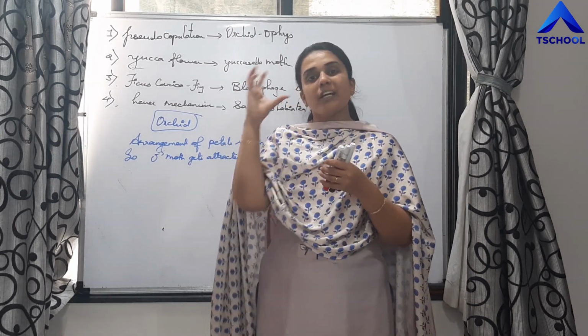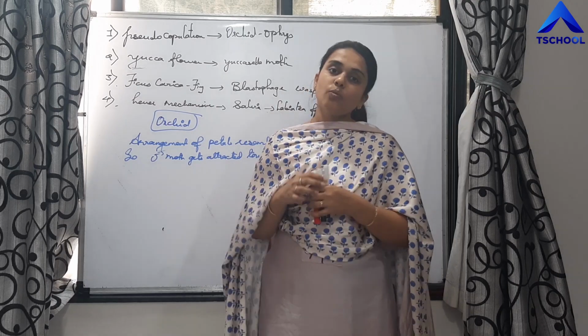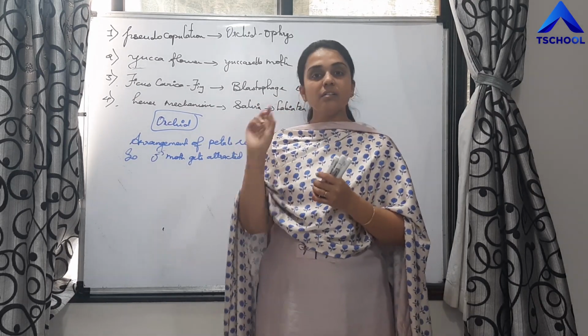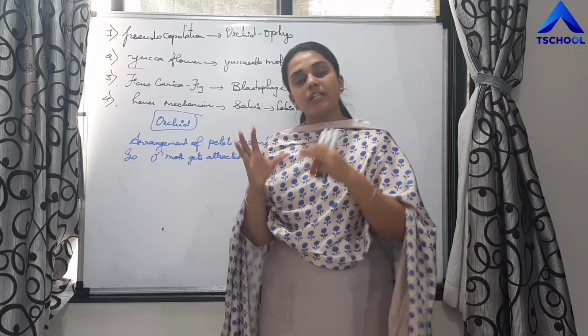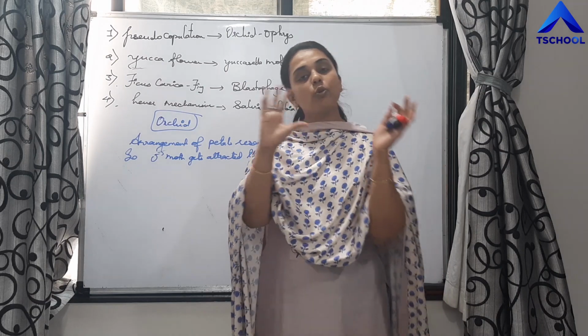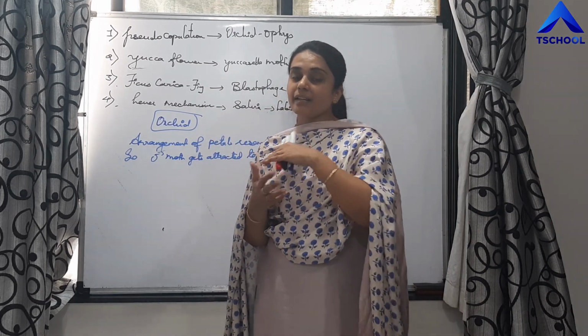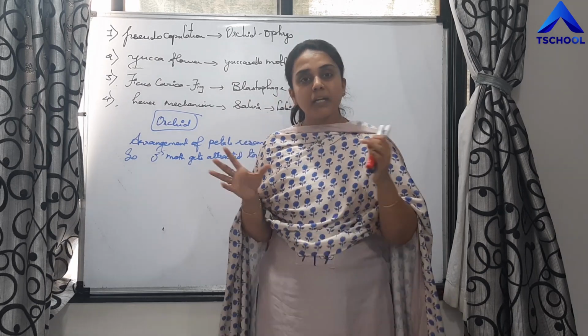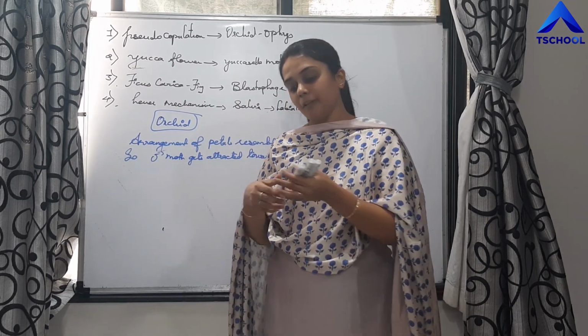Right? So when the male moth comes towards the flower, the pollen grains will stick on the body of the male moth. When the same male moth goes to the other flower, thinking it as a female moth, the pollen grains are going to be sprinkled on the stigma of the other flower.